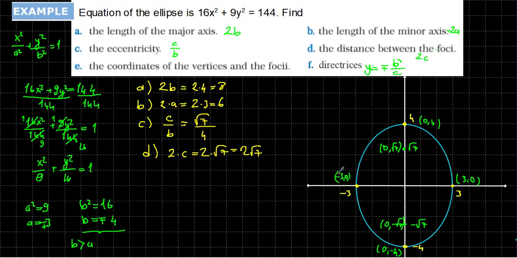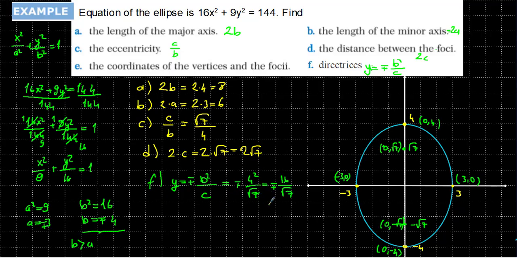Okay, the last part is the directrices. The directrices are y equal to plus minus b squared over c, where b squared is 4 squared, which is equal to plus minus 4 squared over root 7, which is 16, so plus minus 16 over root 7.